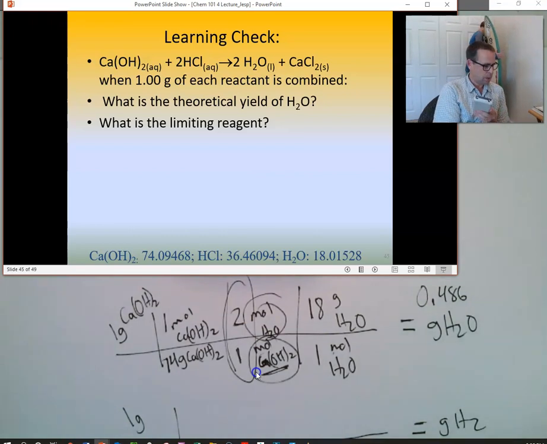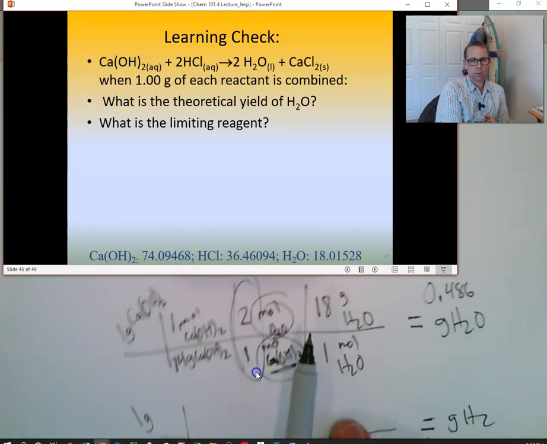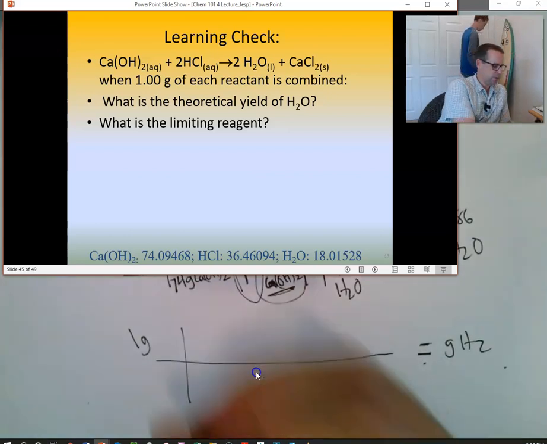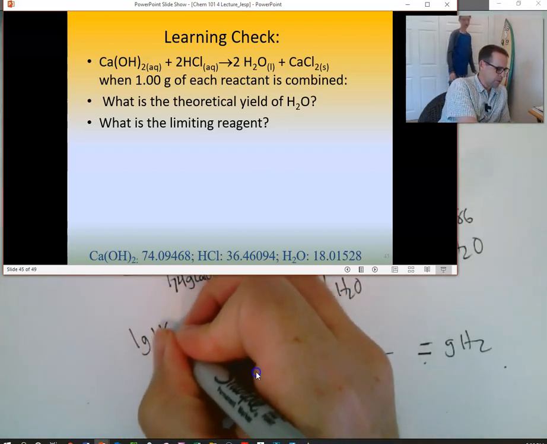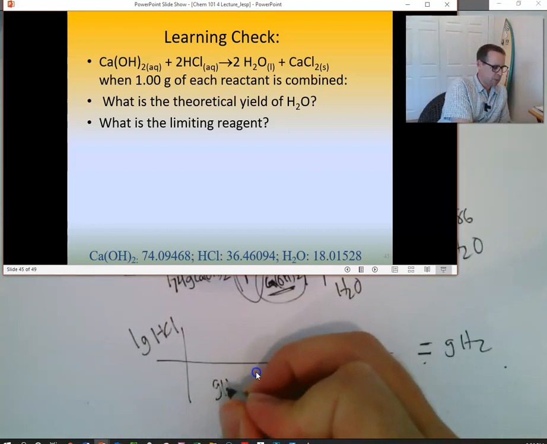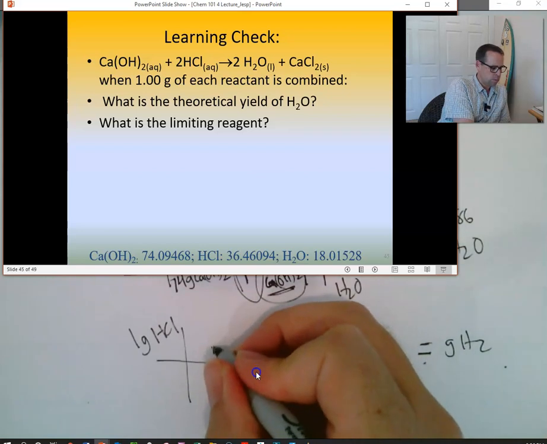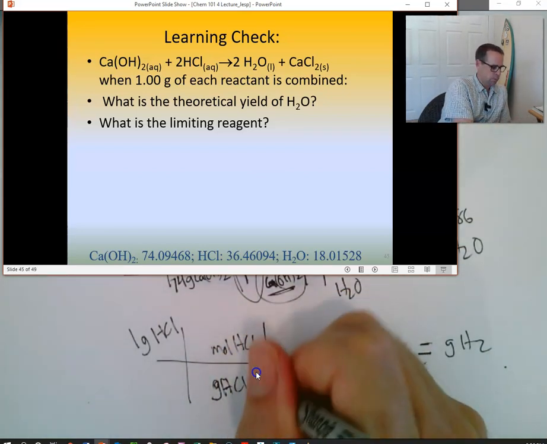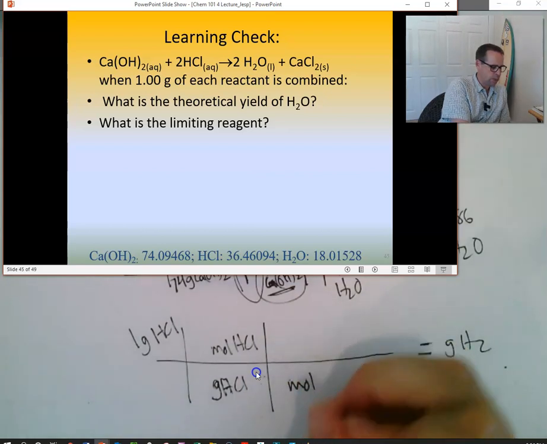So the bottom one here, what are we going to use there? Grams of what? HCl. Grams of HCl. Going from grams of HCl to where? To the moles of HCl on top. Wonderful. And then from moles of HCl to what?